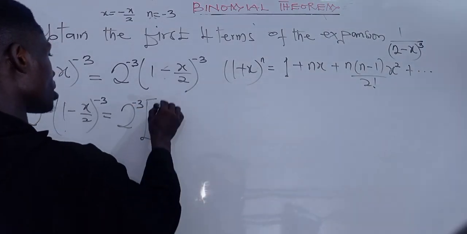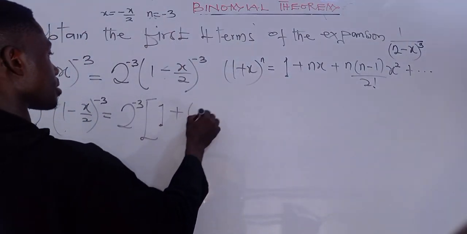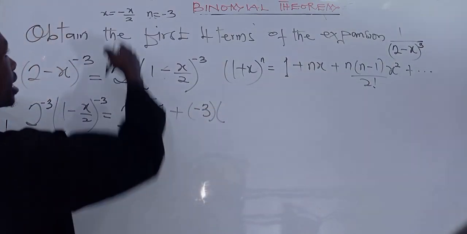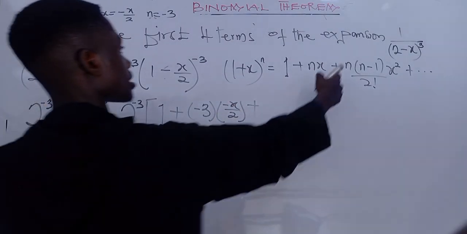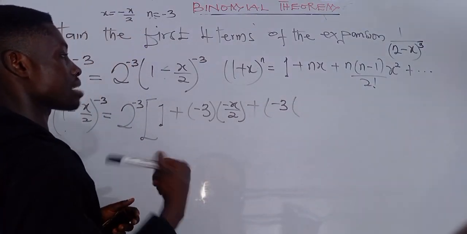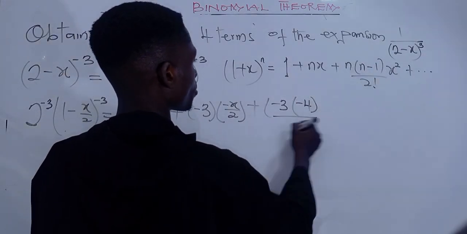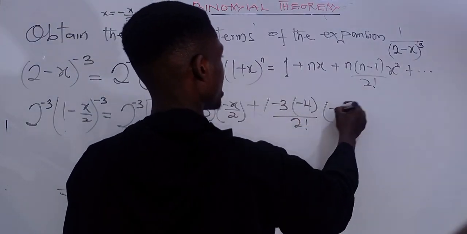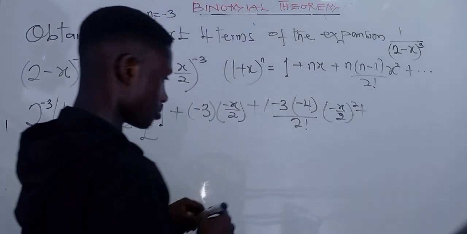We have our first term to be 1, and then plus our n, which is minus 3, and then our x, which is minus x over 2. Then we have plus our n, minus 3, times minus 3 minus 1, which is minus 4, all over 2 factorial, and then our x is minus x over 2, raised to the power 2.